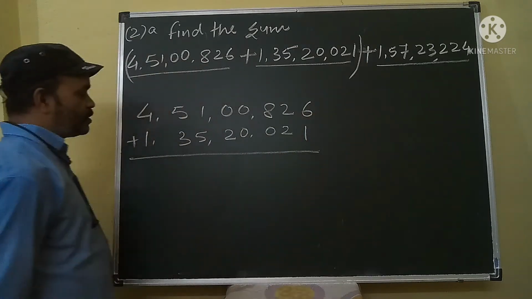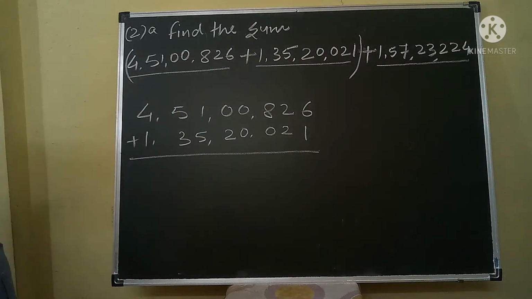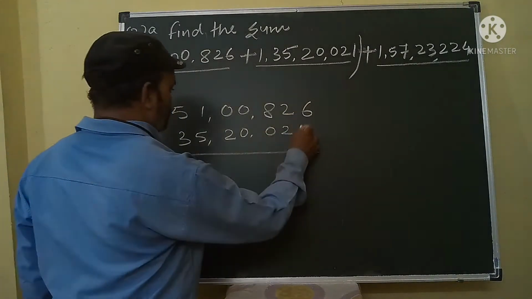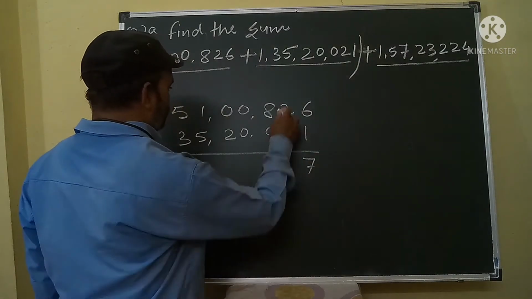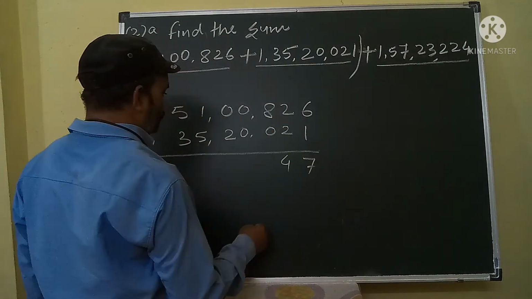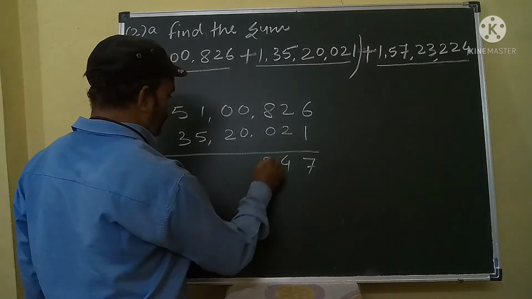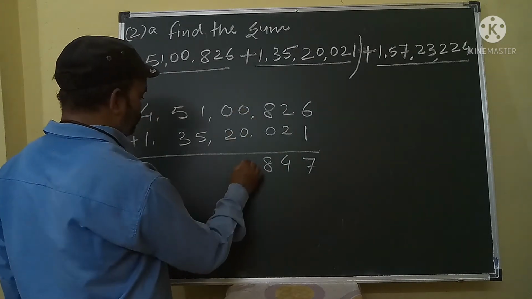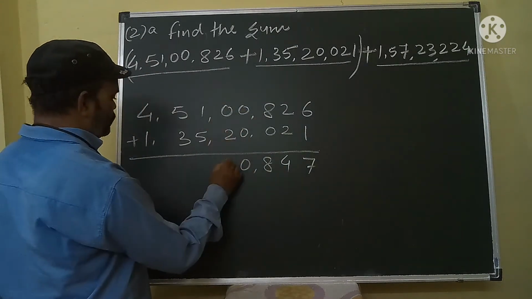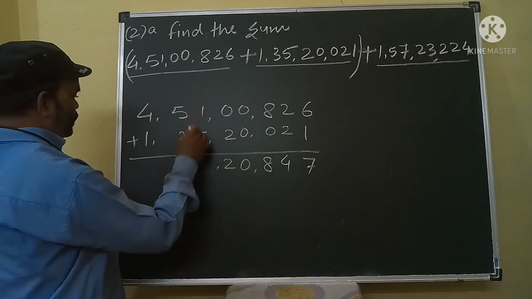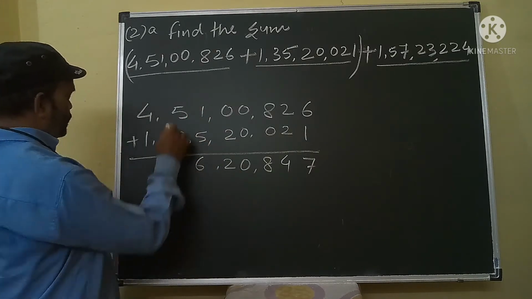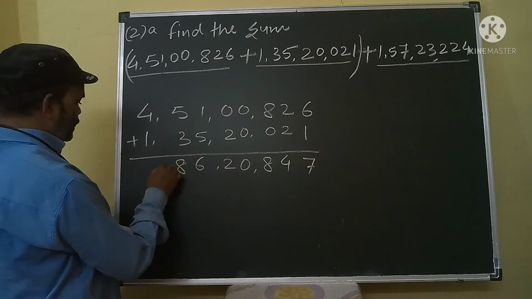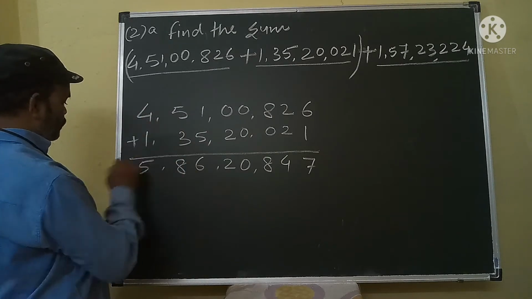Now we will find the sum of these two numbers. Look here: 6 plus 1, 7. 2 plus 2, 4. 8 plus 0, 8. 0 plus 0, 0. 0 plus 2, 2. 1 plus 5, 6. 5 plus 3, 8. 4 plus 1, 5.